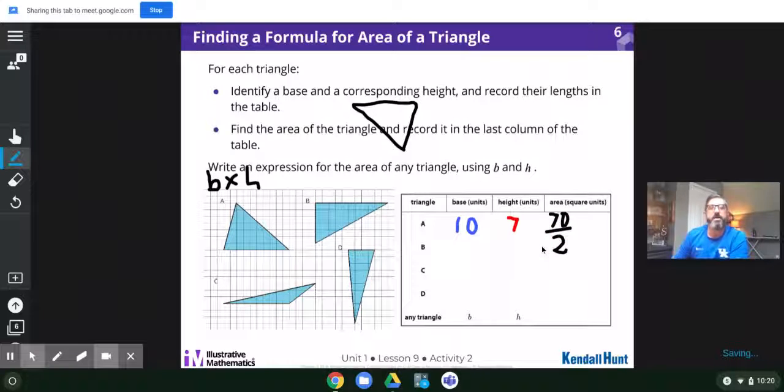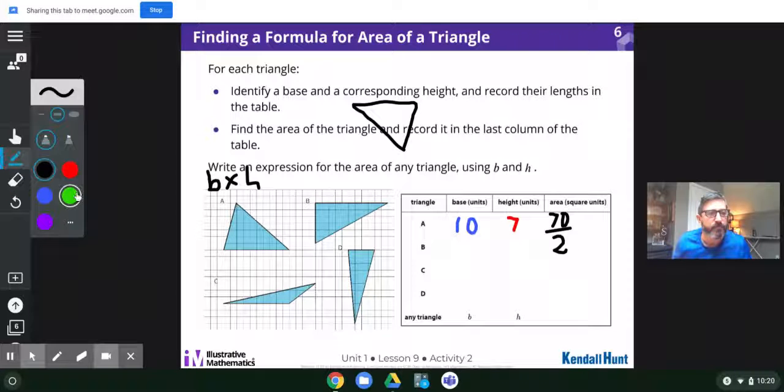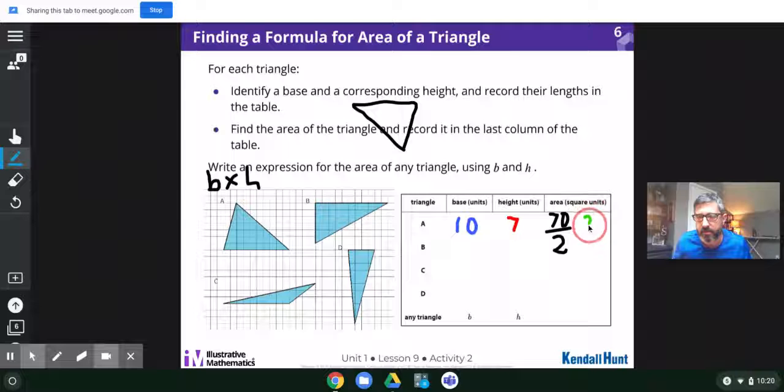So what does that come out to be? 35. 35. Perfect. That's exactly right.